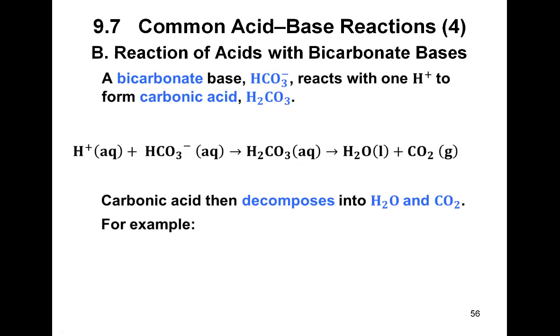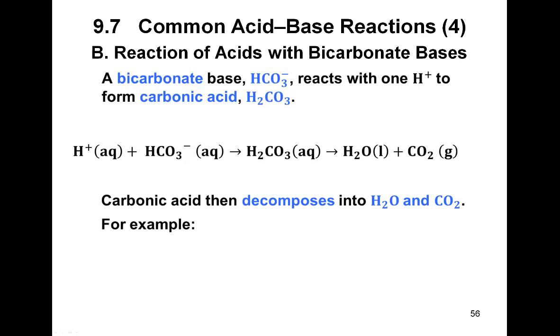Right? You see that when you add H plus to HCO3 negative 1, the positive charge and negative charge cancel, and you have 2 hydrogens and then CO3. And H2CO3 is neutral. This is written in the form of a chemical equation here.